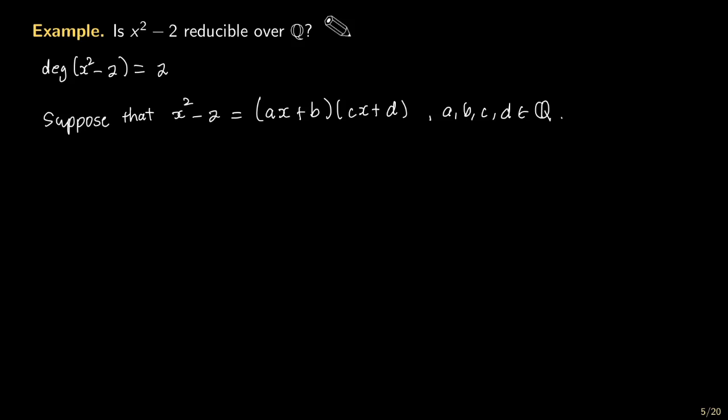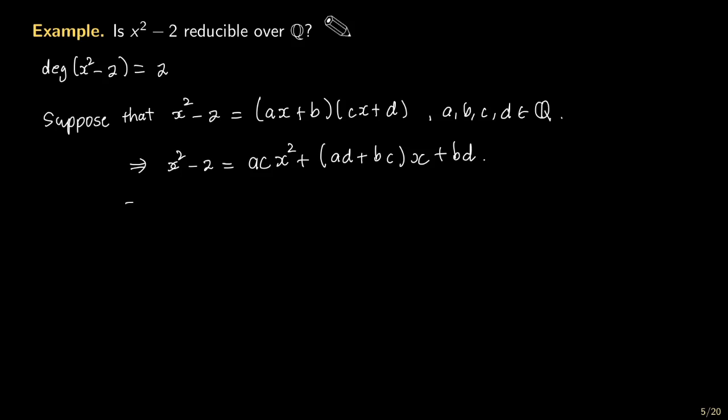Now, if we multiply the right hand side, we get ac x squared, plus (ad plus bc) x. I will not be showing you the details anymore, just want you to verify, plus bd.